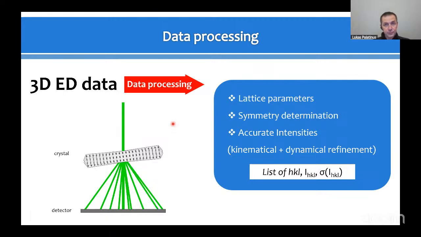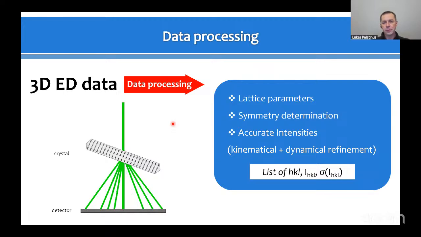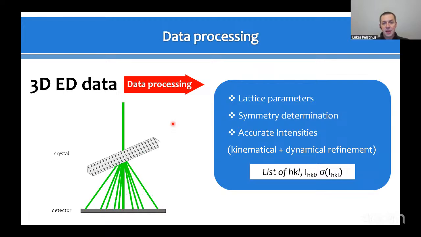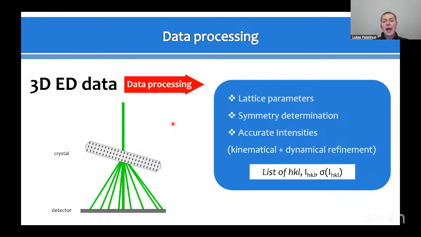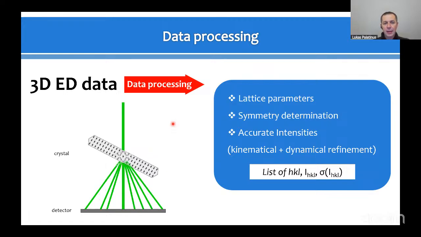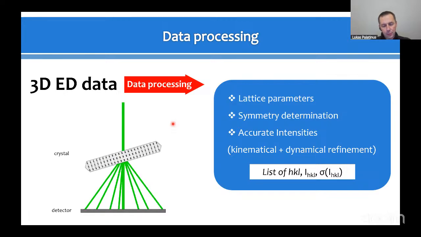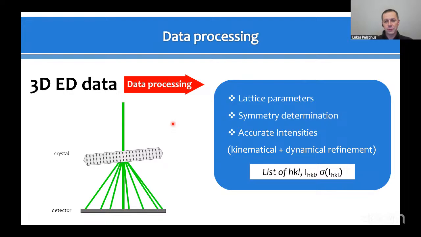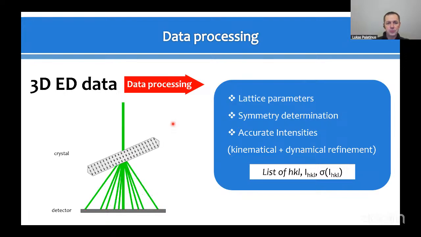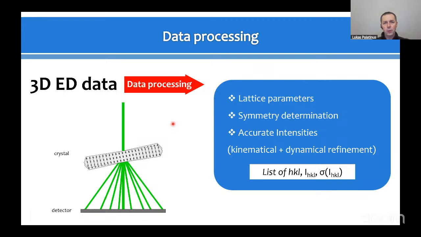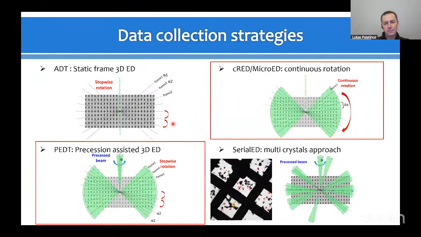Then the first step in the whole procedure leading to the structure is data processing, which provides us lattice parameters, some idea about the symmetry, and of course extraction of, if possible, accurate intensities that will then serve in the next stage for the structure solution and kinematical or dynamical refinement of the structure model. So let's first focus on the data processing step.